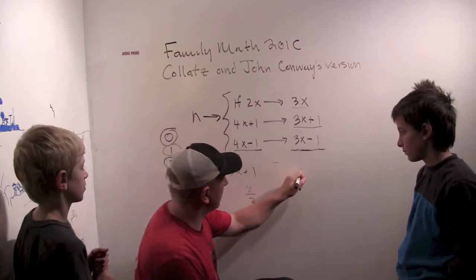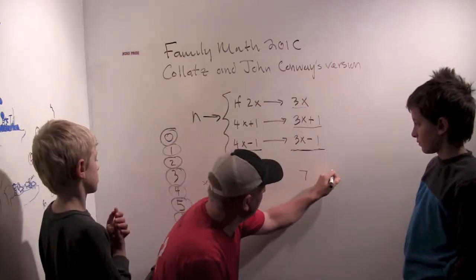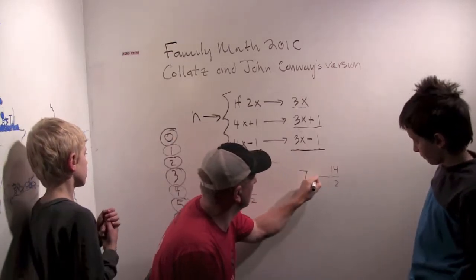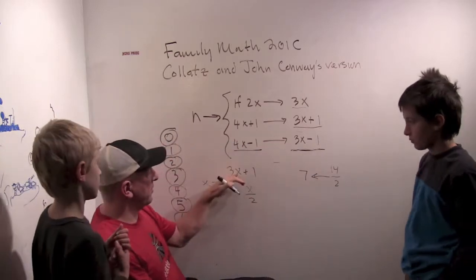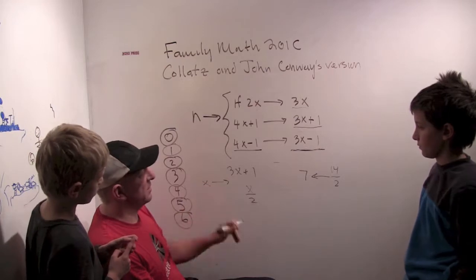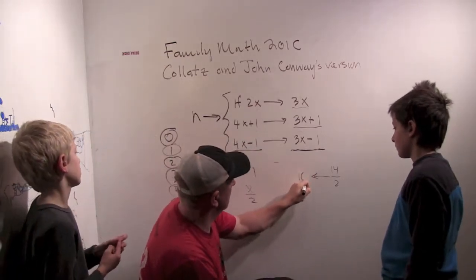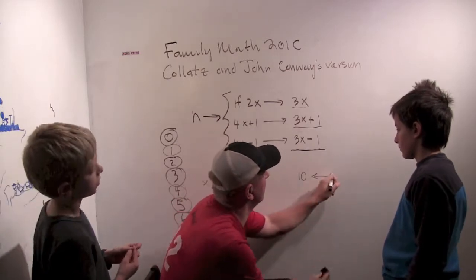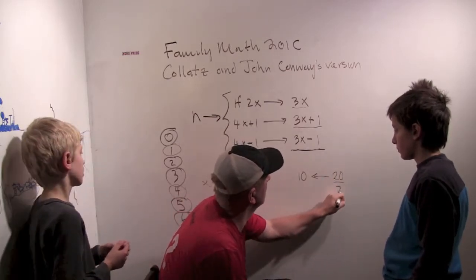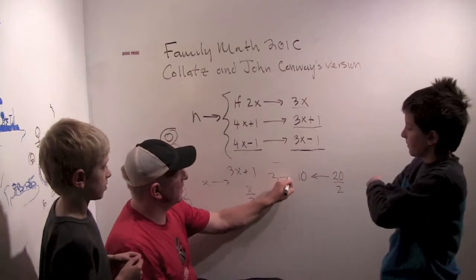So 7, for example, if you were at 7, maybe you came there from 14 divided by 2. Sorry, I picked a bad number. 10. Maybe you got to 10 from 20 divided by 2, but maybe you got to it from 3 times 3 plus 1, which goes to 10.